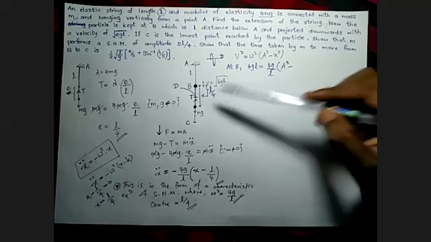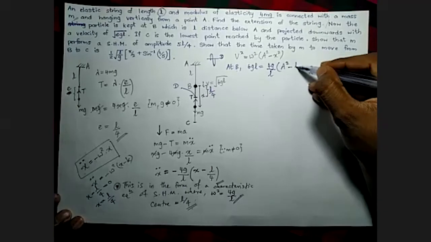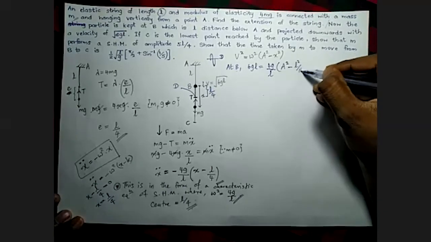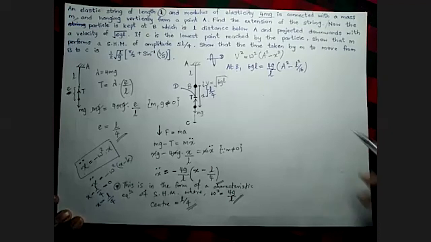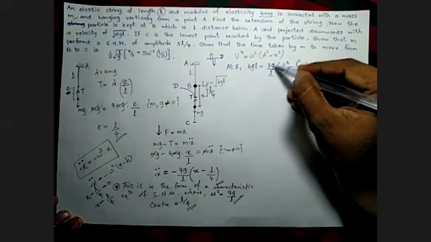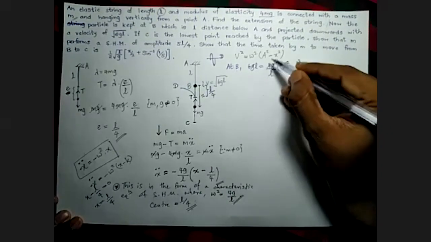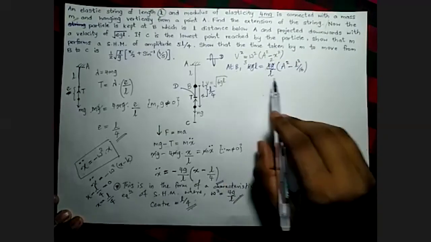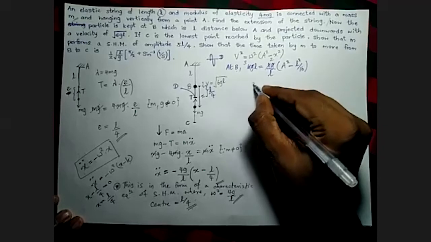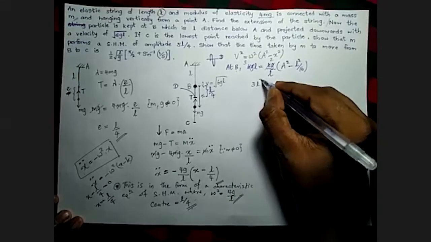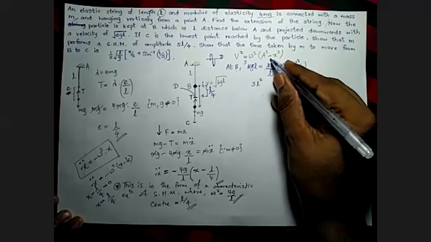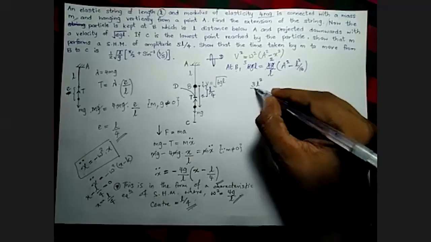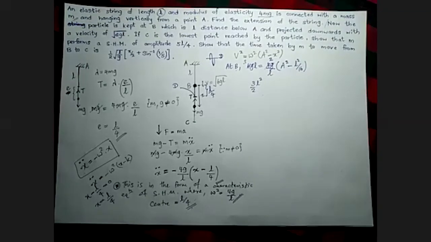Distance is L by 4. X is that. Then the square is L square over 16. Okay, now simplify. G cancels with G. 2 times 2, 2 times 3. Now cross multiply by L. Then here we have 3 L into L square. Here we have 2. Divide that by 2. 3 by 2 L square.